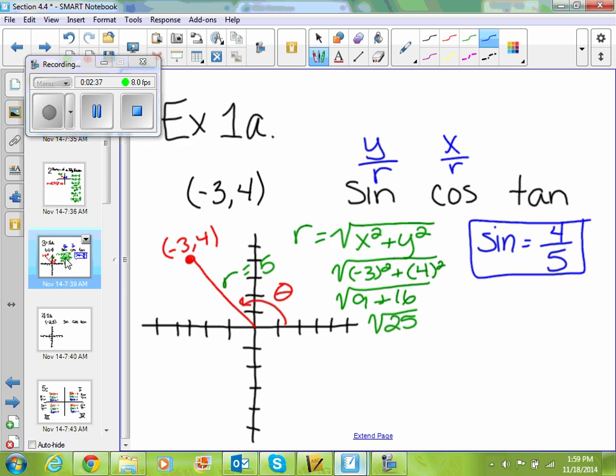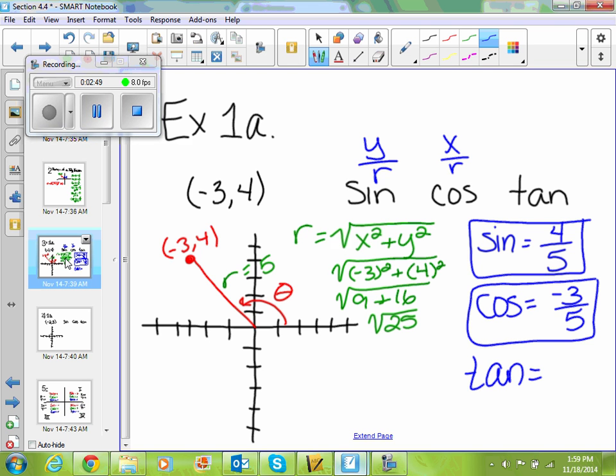Cosine is x over r, so cosine is equal to my x value, which was negative 3, over my r, which was 5. And then tangent is equal to y over x. Y over x. So my y value is 4, and my x value is negative 3, so 4 over negative 3.